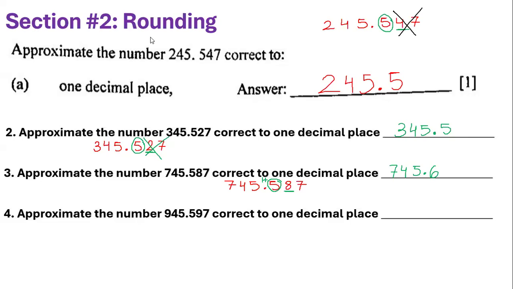You know it's rounding when they say correct to the nearest one decimal place or round to the nearest. They might use round or approximate. This is from a past paper, so they use approximate. They could use different words, but they basically mean the same thing: round, approximate, estimate.